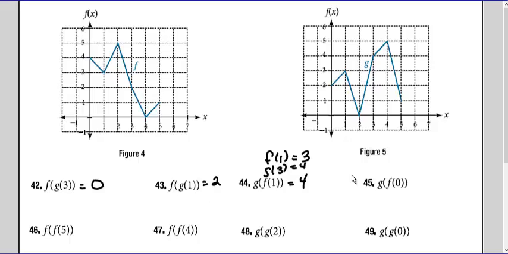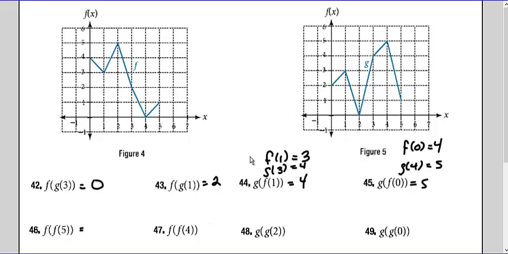That's how we get the answer. Here's g of f of 0. So we do f of 0, here's x equals 0. f of 0 is 4. And then we do g of 4. So g of 4 is 5. So the answer is 5.